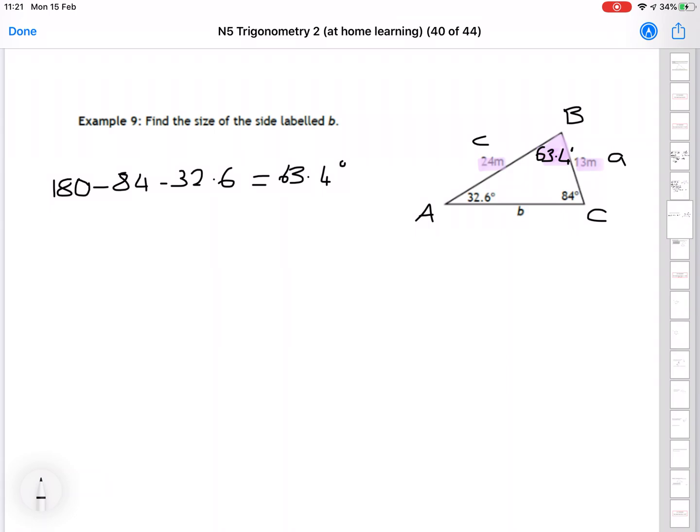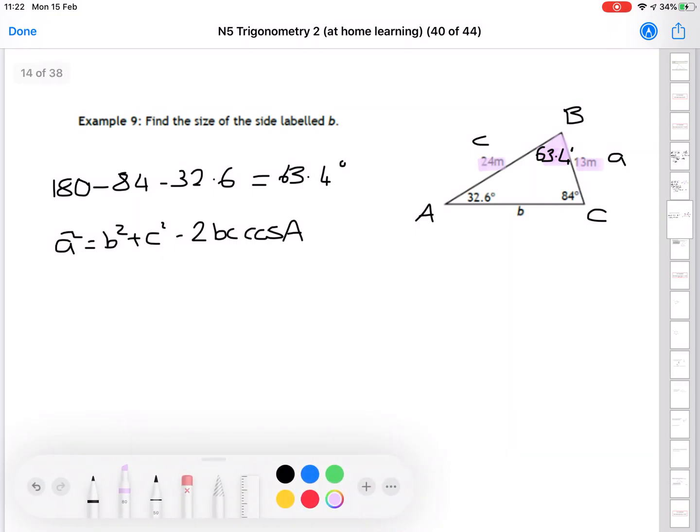So your formula on the formula sheet is a squared equals b squared plus c squared minus 2bc cos A. But in this case, it's not A I'm trying to find, it's side b I'm trying to find. So that will be the letter at the beginning of your formula.